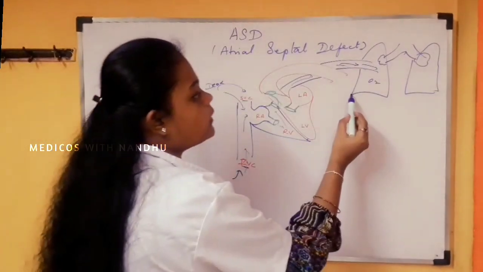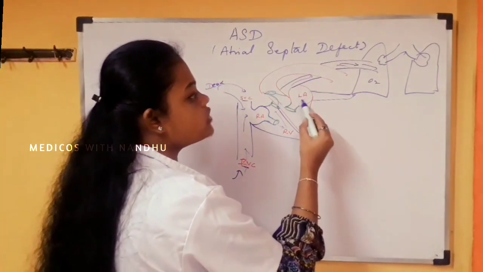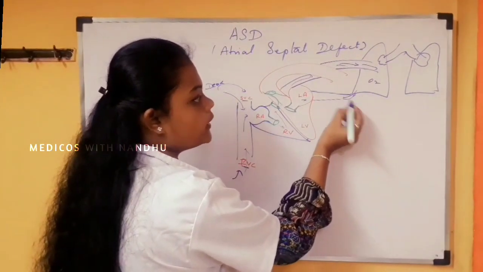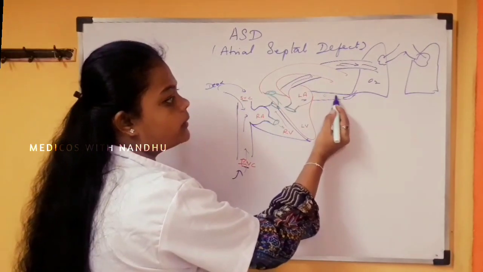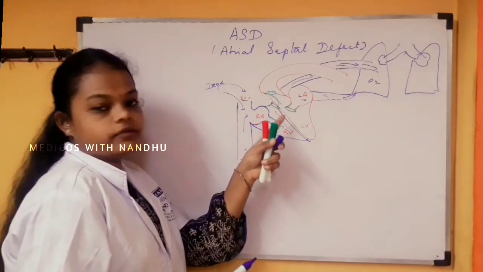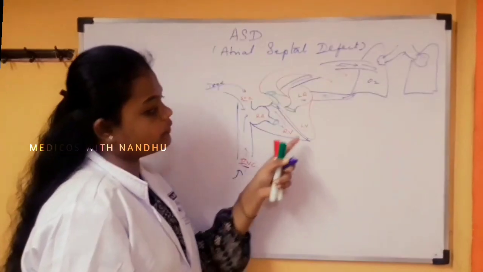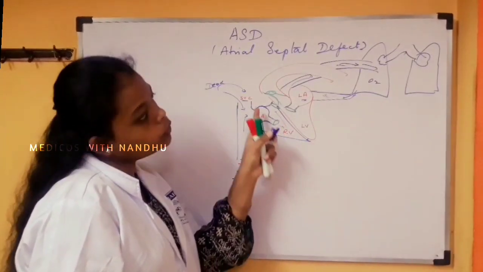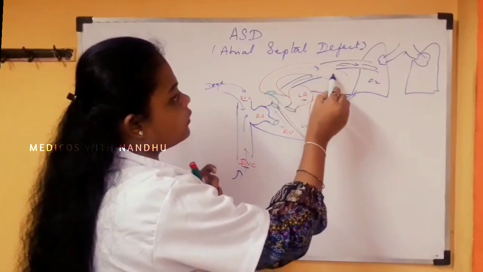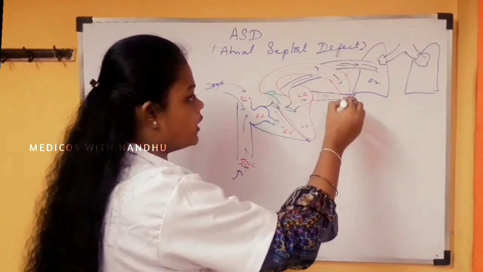The pulmonary vein connects the lung and the left atrium, so the oxygenated blood goes to the left atrium, and through the mitral valve it reaches the left ventricle. From the left ventricle it moves through the aortic valve into the aorta, and from the aorta it reaches the tissues of all body parts.